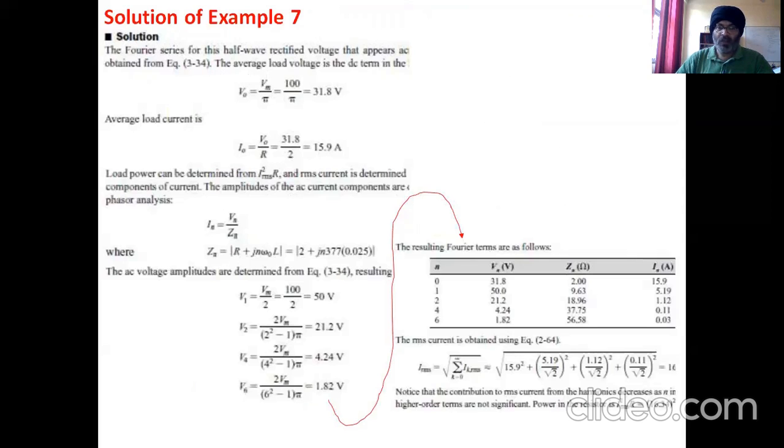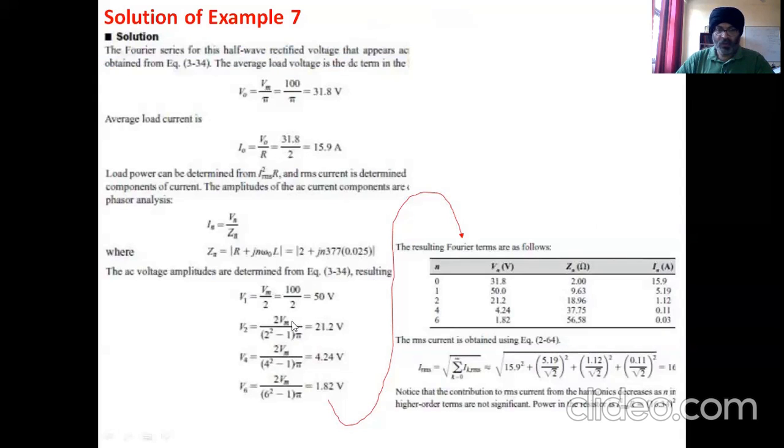If we want to find the amplitudes of all AC components, we need to find the impedance. And once we have the impedance, we can easily find the phases also. For the AC voltage amplitude, we can easily find it using that formula.